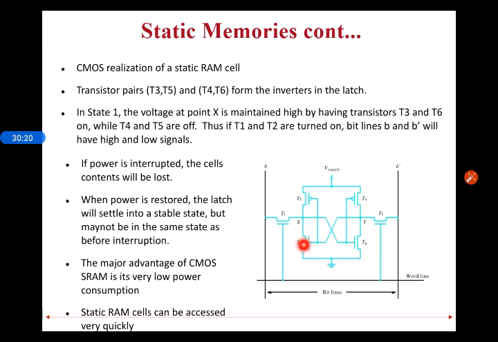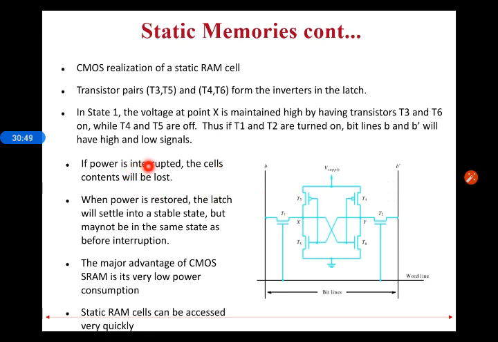In state 1, the voltage at point X is maintained high by having transistors T3 and T6 on while T4 and T5 are off. T1 and T2 act as switches, and if they are turned on, bit lines B and B bar will have high and low signals, as I said.